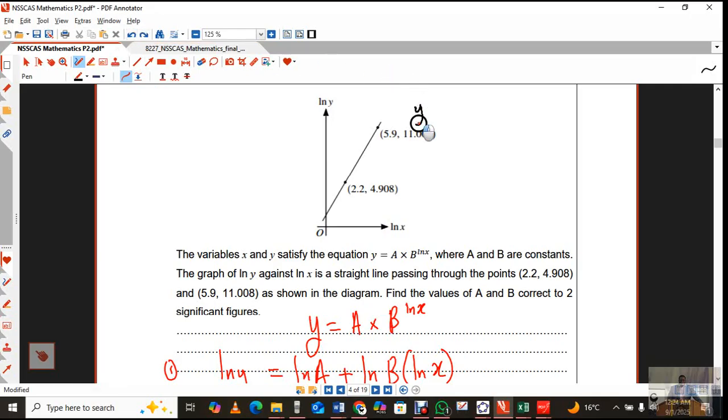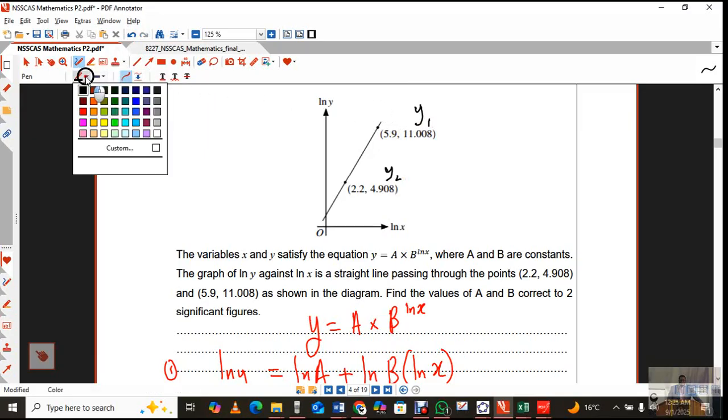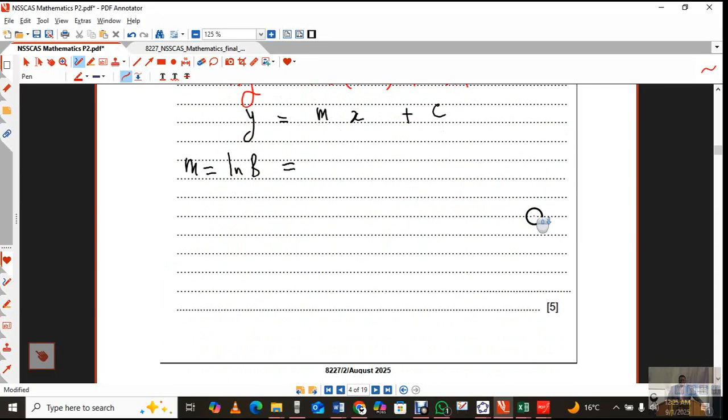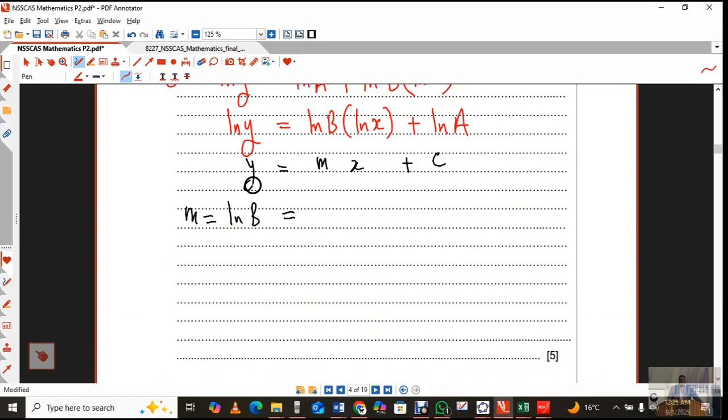So this is a y value, let's say y1, and that is y2. And similarly, this one over here will be x1 and x2. So I'm just going to subtract the two in order for me to find the gradient. Okay, so I'm just going to make sure that I copy those values down, see if I have enough space. Maybe I'll need to bring in another page.